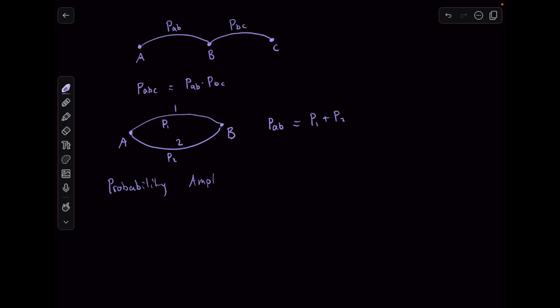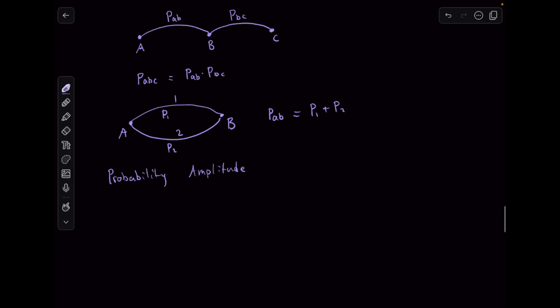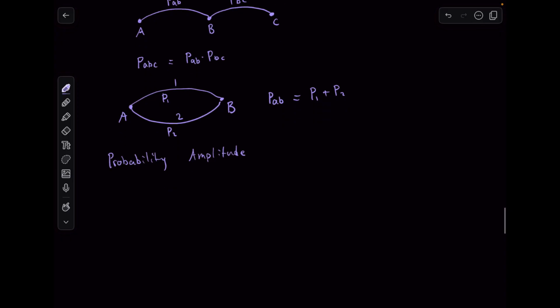So a probability amplitude is simply something that corresponds to a quantum mechanical state, and it's represented by a complex number. So let's think about this probability amplitude alpha. We know it's a complex number, and it relates to some quantum mechanical event happening, but it's not quite the probability of that event happening.